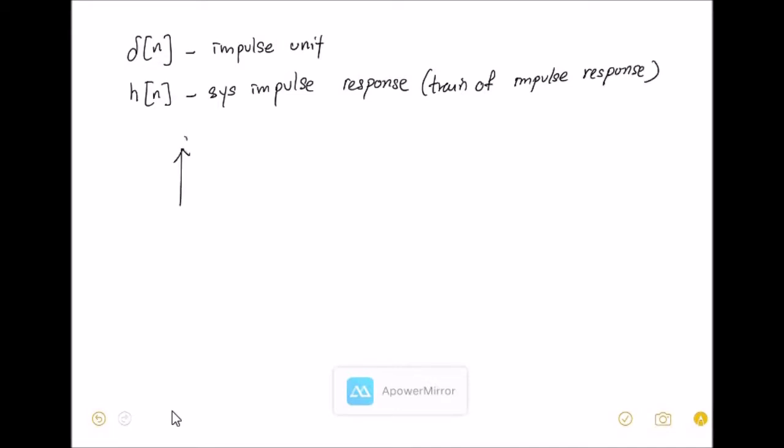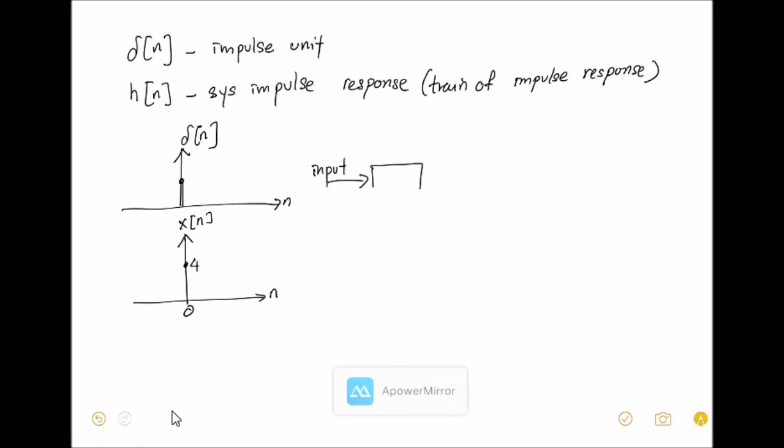You have the input like this, delta[n], and then you have the system impulse response, x[n], in which I have 4. If we illustrate in a diagram, I have the input, and then I pass it through a system, and then I get the output.